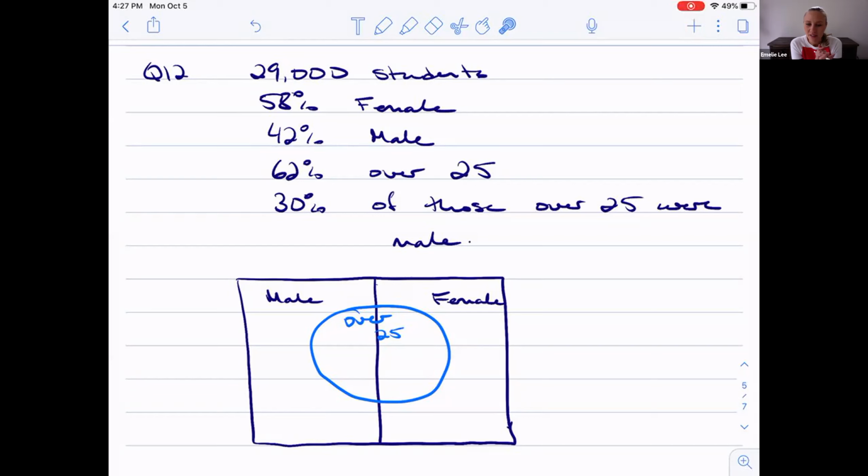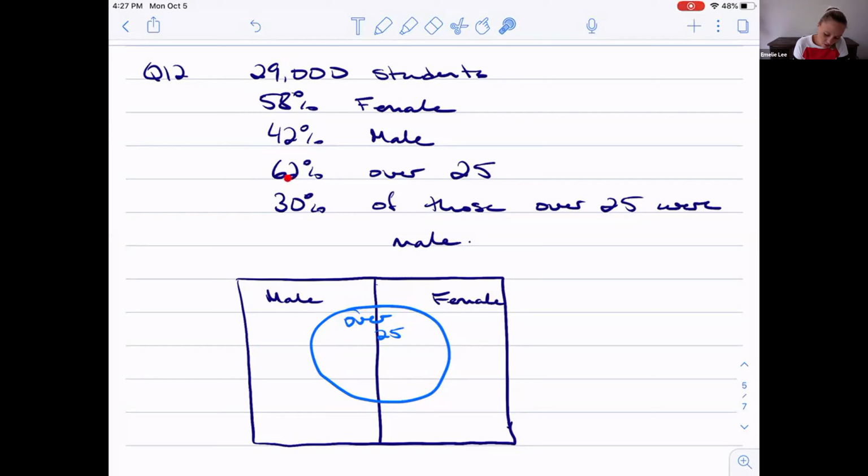So just like Wyatt said, if we start in the middle, and that's what you're going to want to do for all these Venn diagrams, it's always going to be most useful if you work from the inside of the onion to moving outside. So we'll figure out how many were over 25.